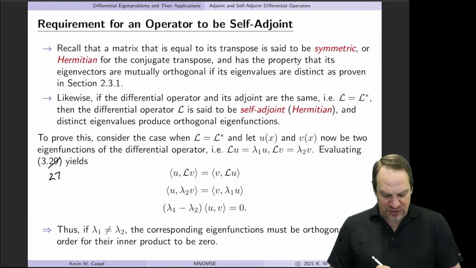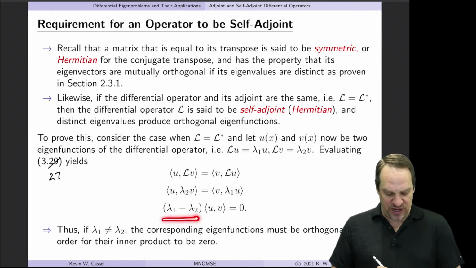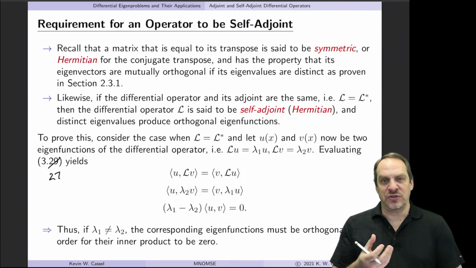So what happens is, just like in the matrix case, if the two eigenvalues are distinct, then lambda 1 minus lambda 2 will not be 0, so the only way that this product can be 0 is if this inner product of U with V is equal to 0. If the inner product of two functions, just like vectors, is equal to 0, then that means they are mutually orthogonal to each other.